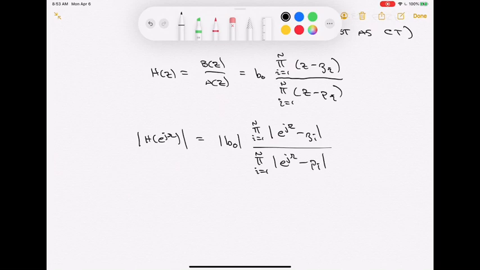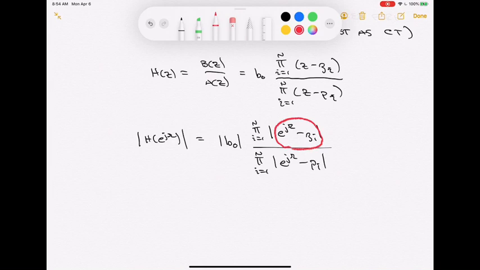What are these magnitude quantities inside these products? Well, each one of these is basically a distance going from the pole or zero to the frequency of interest, to that point e to the jω, which lies on the unit circle. Exactly the same as what we saw for continuous time. It's just that frequencies no longer lie on the ω axis, they lie on the unit circle.